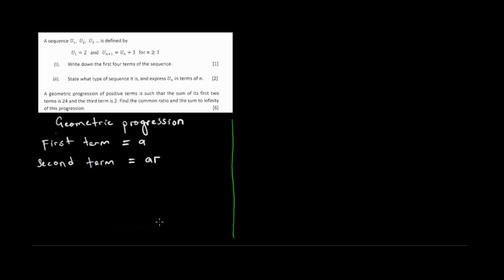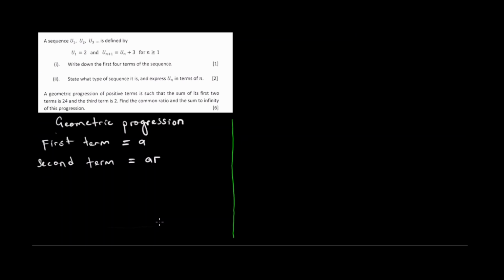Deno yanga iri AP, common difference d ino add ku first term kuti tiwane second term. Saka for an AP, a anenge ari first term, a plus d anenge ari yechi second term. So first term is a, second term is ar.